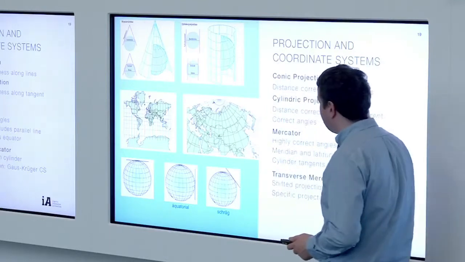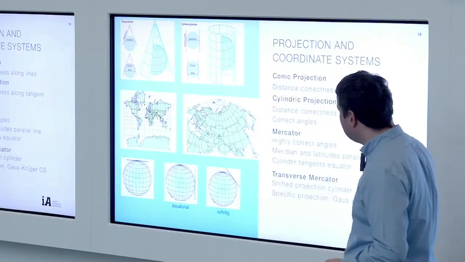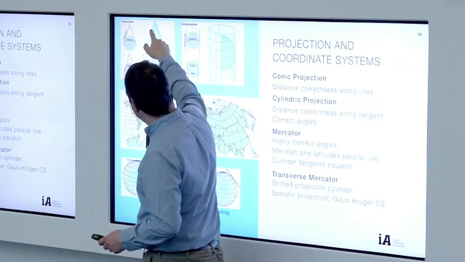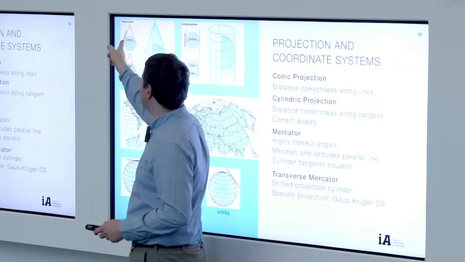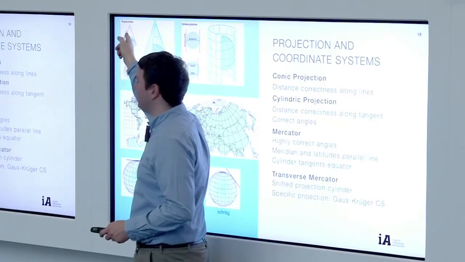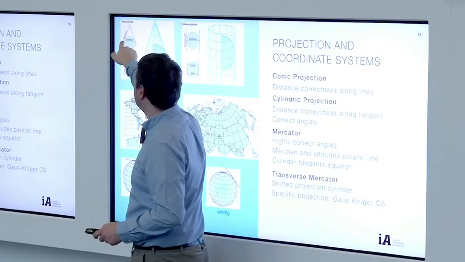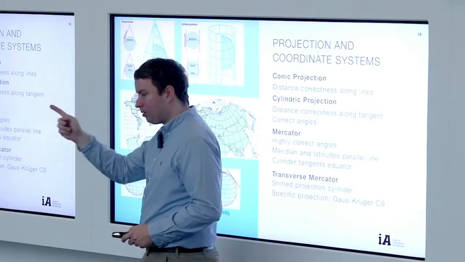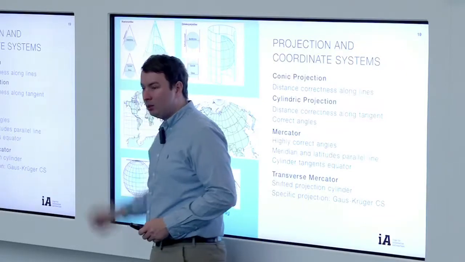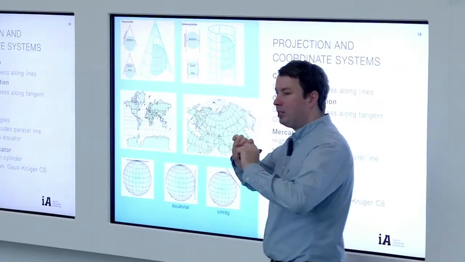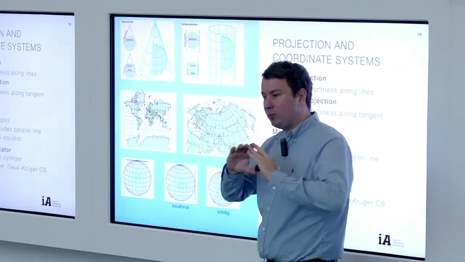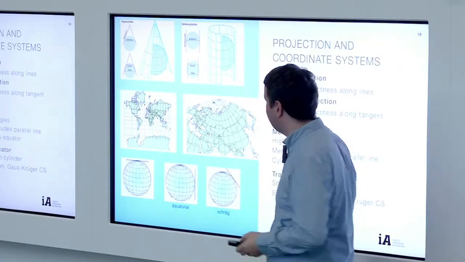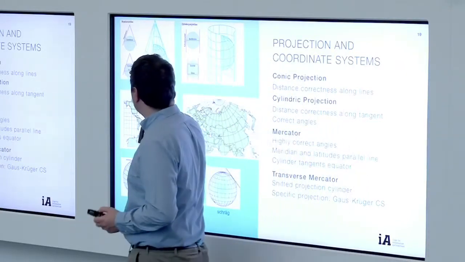Let me explain shortly. The idea with the conic projection is that along this tangent you get a line around the latitude of the Earth. Along this line, all distances and lines are almost precisely drawn, so all the distances are correct, but the angles are a bit shifted.